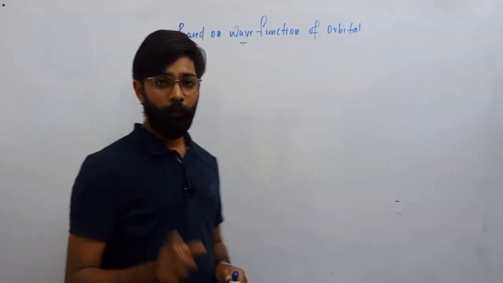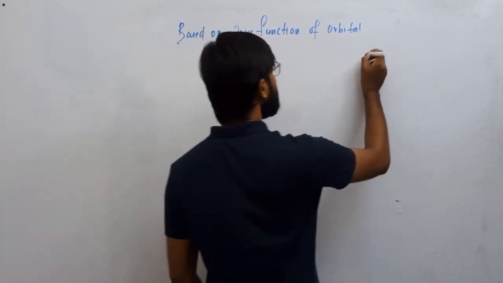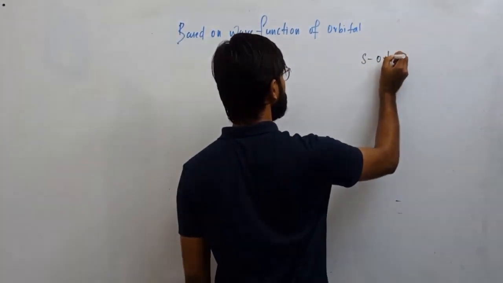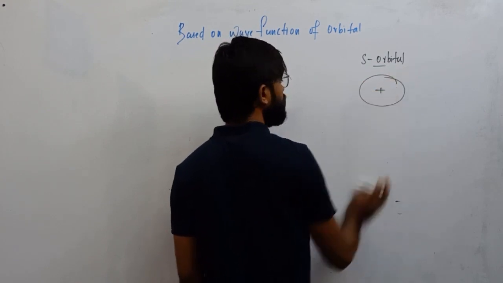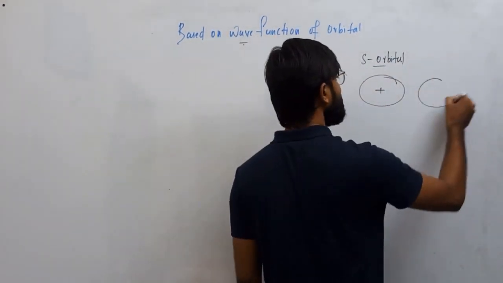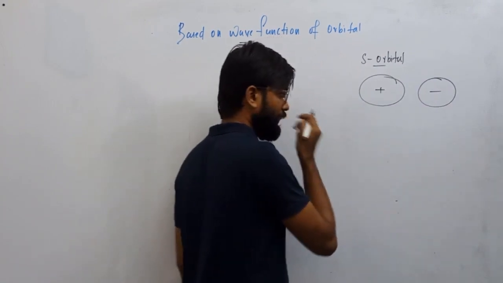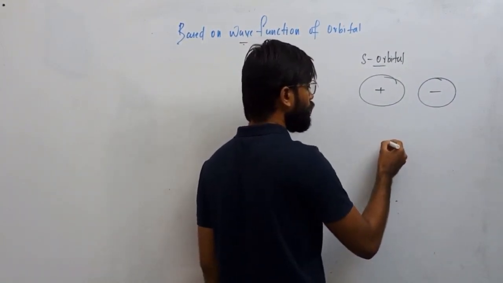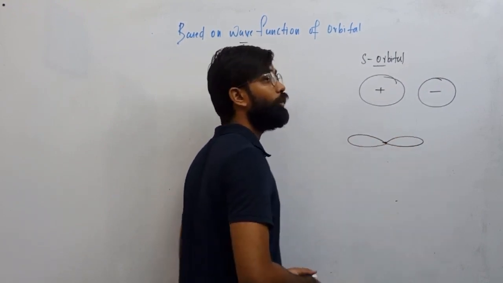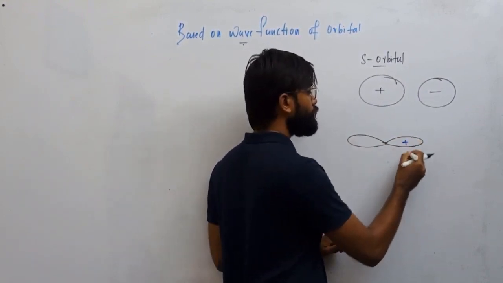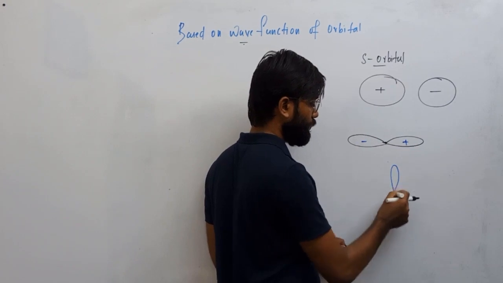Ready? But in case of an s orbital, usually the s orbital is represented either as positive or as negative since the shape is symmetrical. But in case of a p orbital like that, there are exactly two different areas.